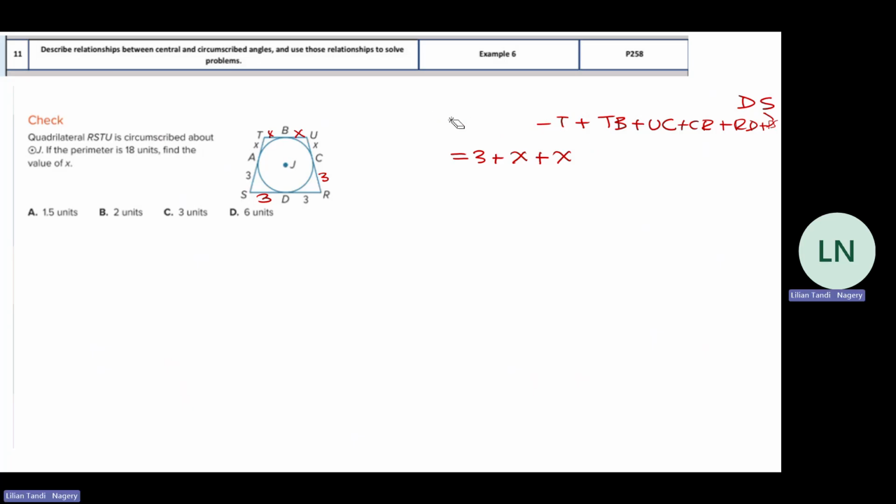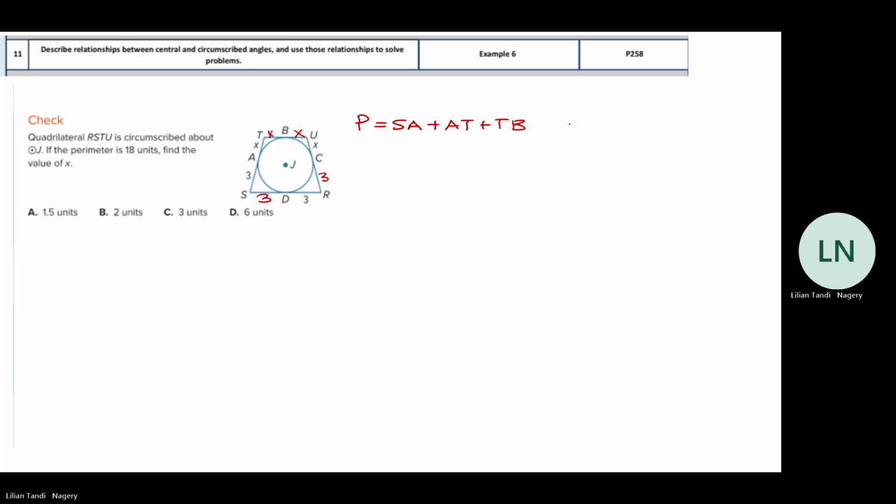Oh, I missed. Okay, let's just start again. Perimeter equals SA plus AT plus TB plus BU plus UC plus CR plus RD plus SD.